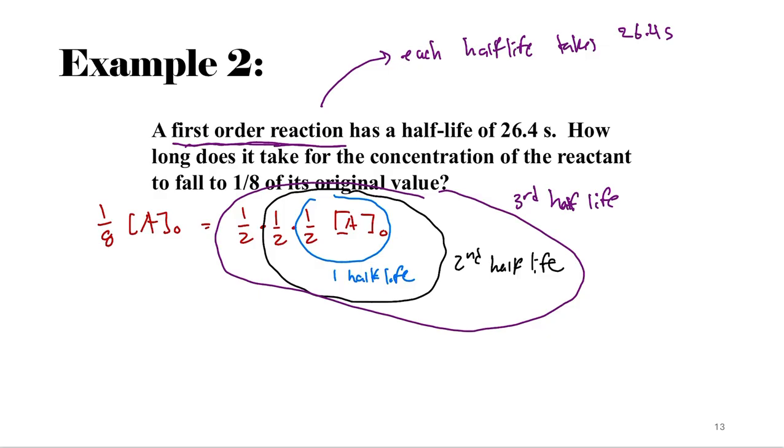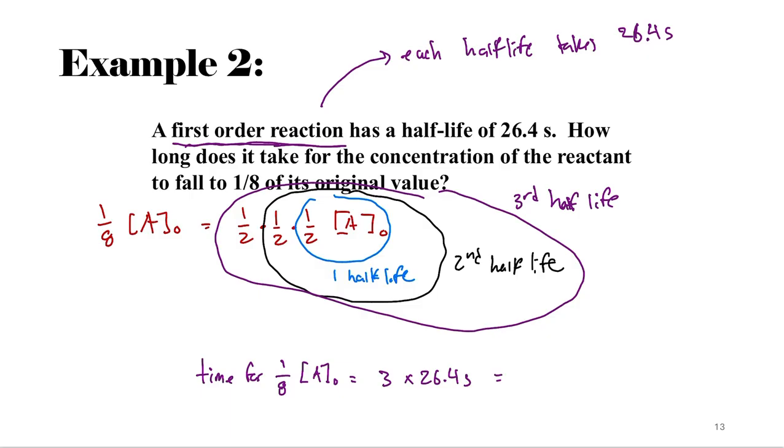Right, and again, when I'm saying first, second, third half-lives, that just means the successive half-lives that are happening. For first order reaction, each half-life stays the same. So that means that the time for 1/8 the initial concentration is equal to 3 times 26.4 seconds.